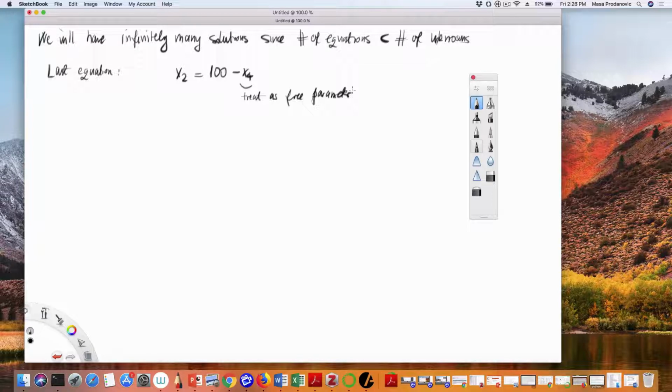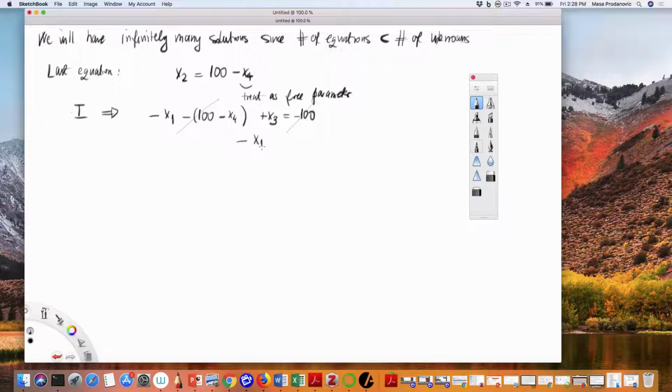And then I'm going to plug in this x2 into other equations. So from my first one, I'm going to have minus x1 minus x2, so that's 100 minus x4, plus x3 is equal to minus 100. So based on this, the 100 goes away.